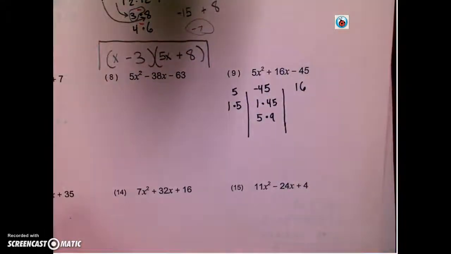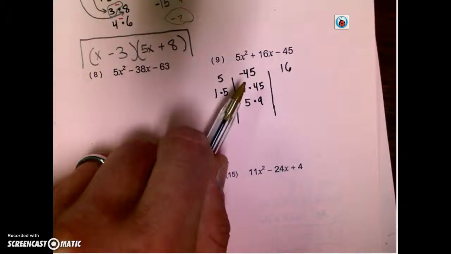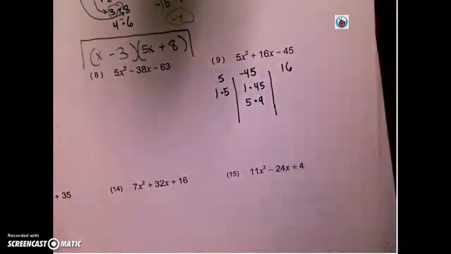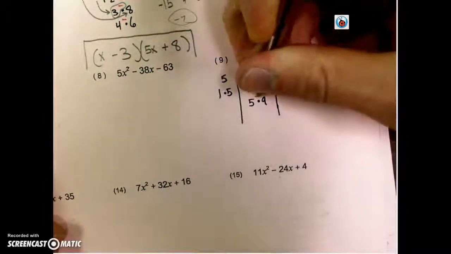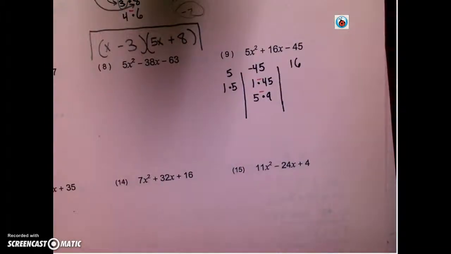Right, here's a couple sets. Now you may recognize, since we're looking for a negative 45 here, that we're going to have that scenario where one of these will be negative. Okay? And the list of factors is kind of short on this one, so that's going to save us some trouble of having to identify our right pairs.